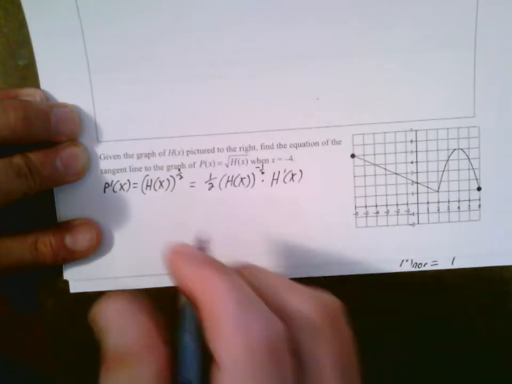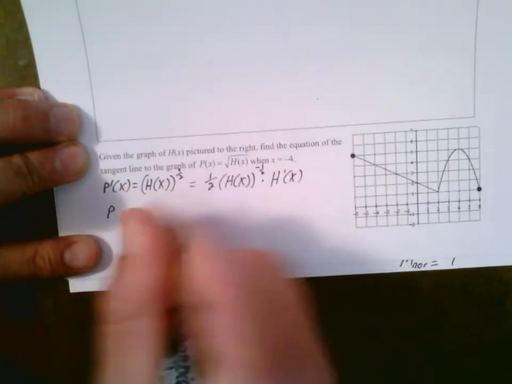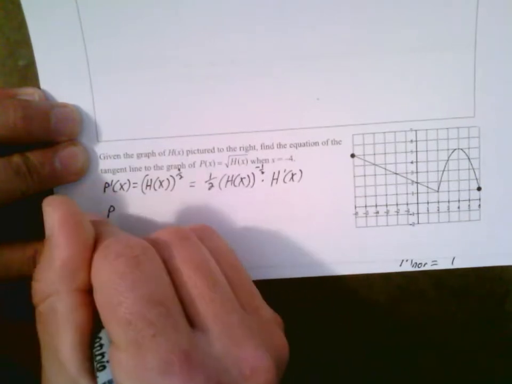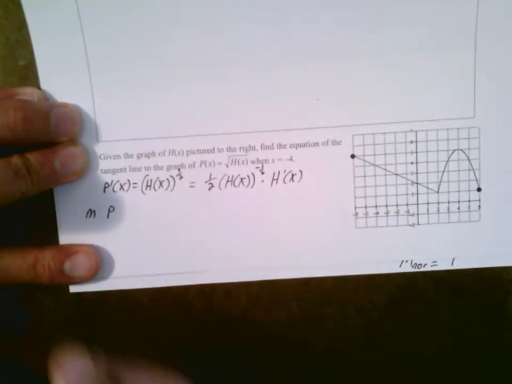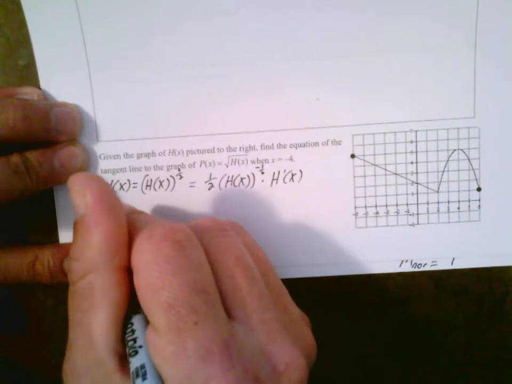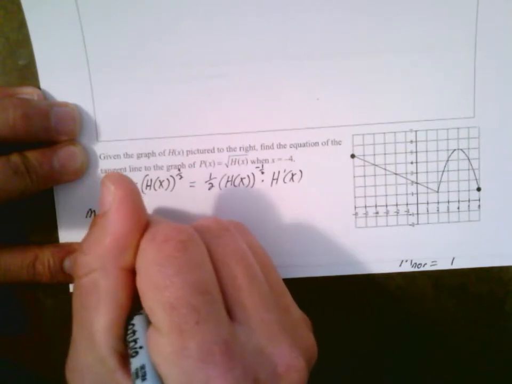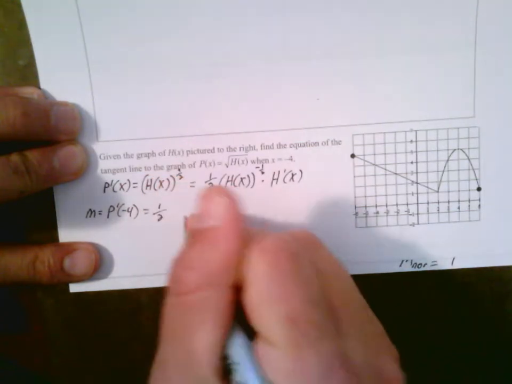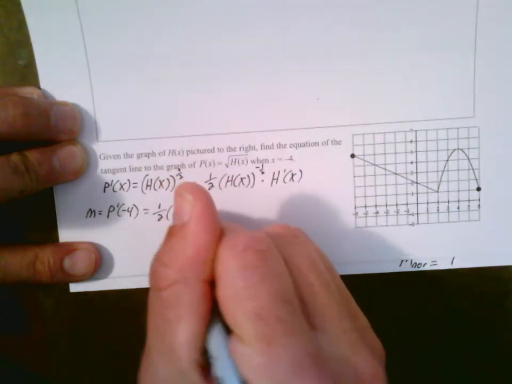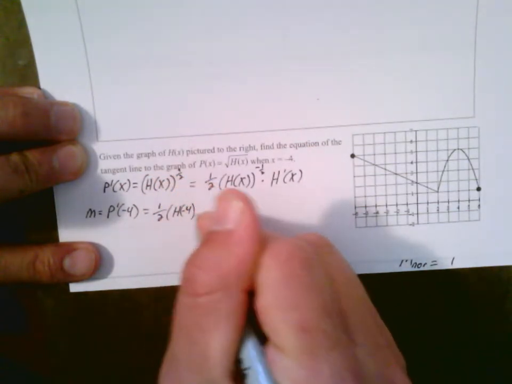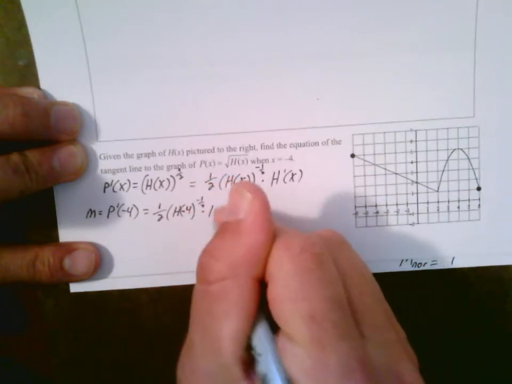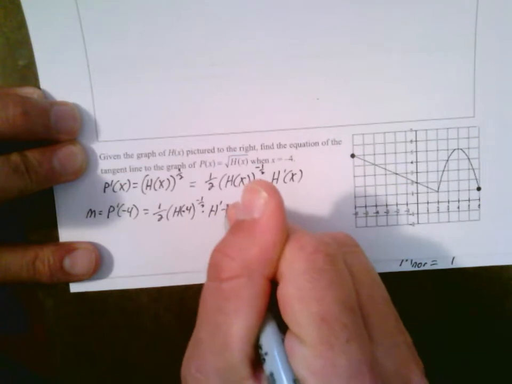So I want to find p. Alright, so I'm looking for the tangent line of the graph of p of x. So I need to find my slope first. So my slope is p prime of negative 4. So 1/2 h of negative 4, to the negative 1/2 times h prime of negative 4.